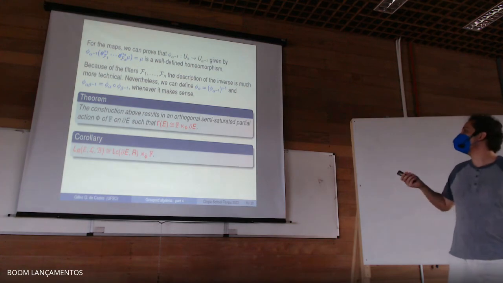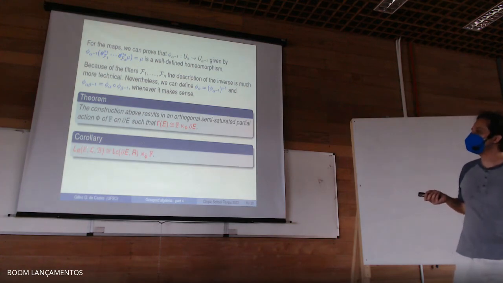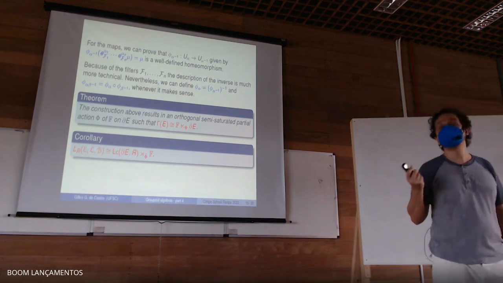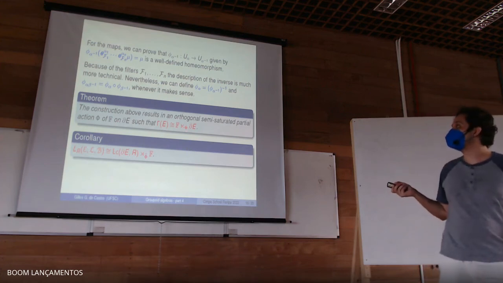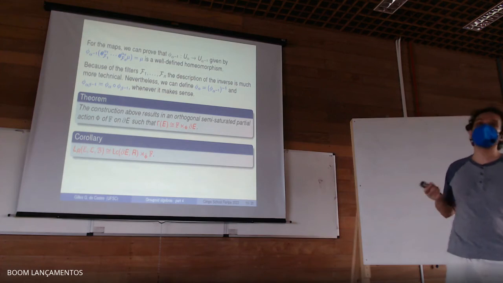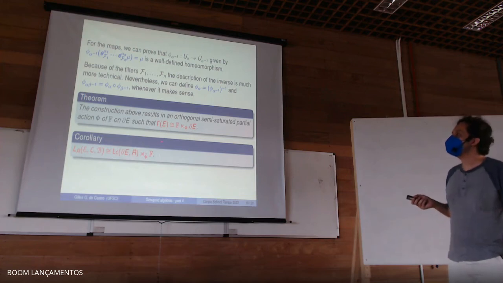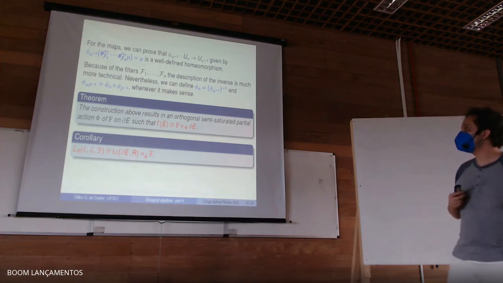And because of the results that we have, this left label path algebra is the Steinberg algebra of that groupoid. So it's going to be the Steinberg algebra of the transformation groupoid, and the Steinberg algebra of the transformation groupoid is the partial cross product of this dual partial action.